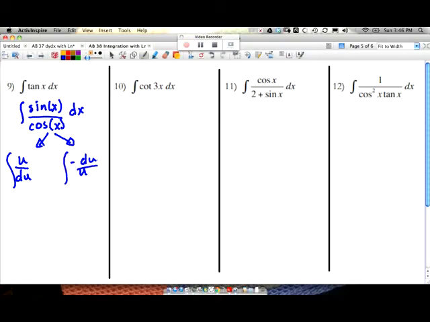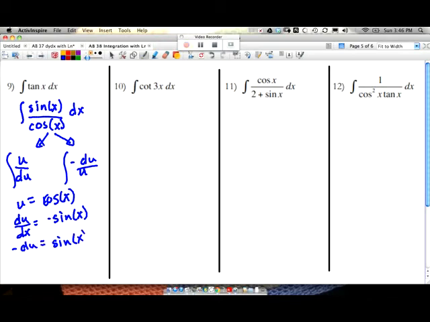If we say u equals cosine of x, then let's go ahead and work out du dx. Du dx is going to be negative sine of x. So a couple of things that we need to balance here, this negative and the dx. We'd have negative du equals sine of x dx.